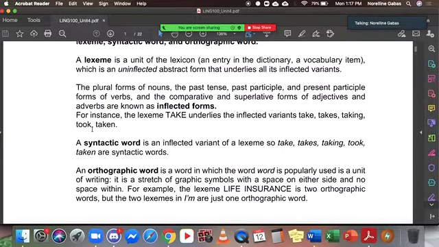Okay? Lexemes, again, lexemes. Actually, itong mga ito, they are words.